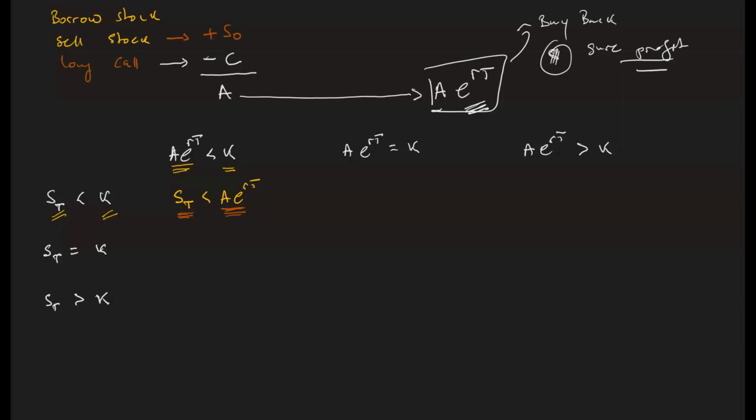Now, what if the stock price is actually equal to the strike price? Well, if the stock price is equal to the strike price, what we're going to have is a scenario where the future value here is going to be less than the stock price, and also less than the strike price, which means that we are not going to have enough to buy back the stock in the open market.